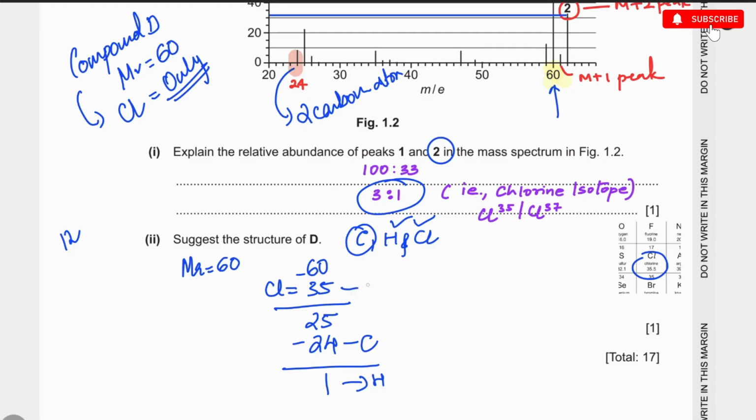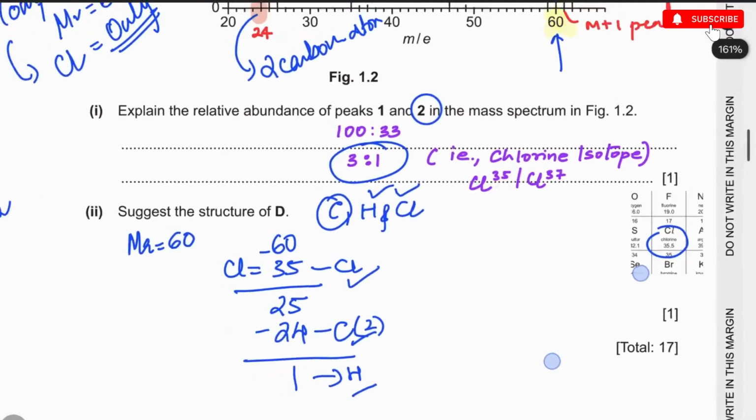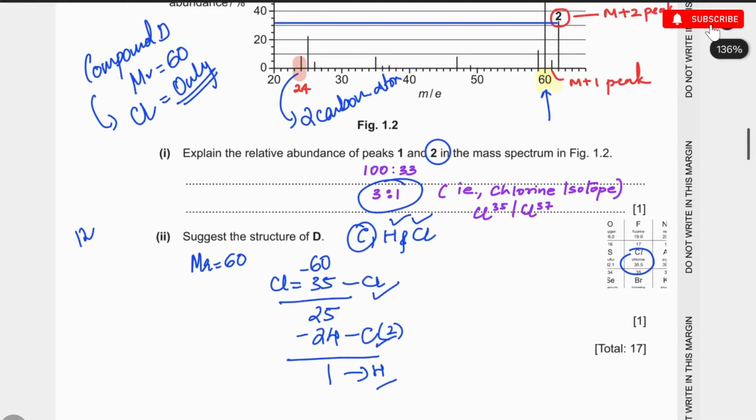So we have got this from chlorine 35, this from carbon, and this from hydrogen. Two carbon, right? So let's draw the structure and get an idea what exactly it is. Carbon, carbon, with one hydrogen and one chlorine.